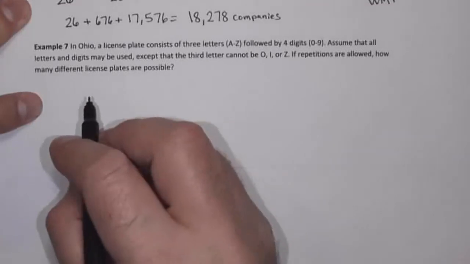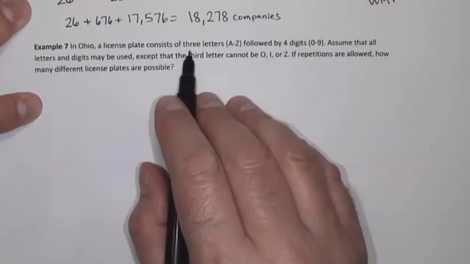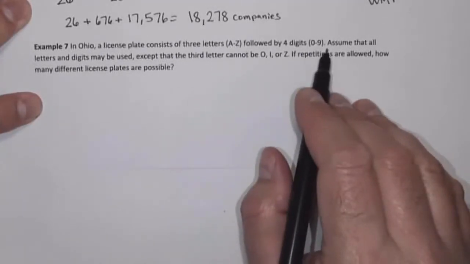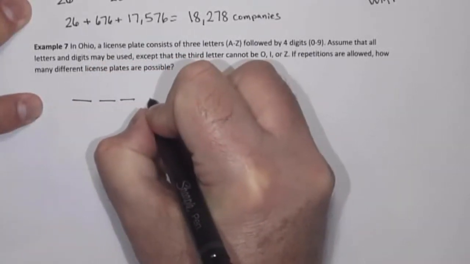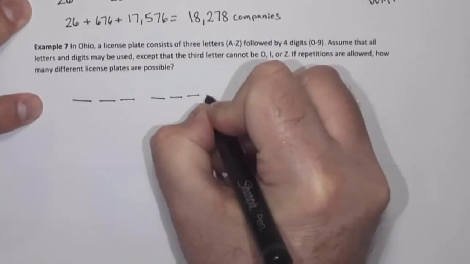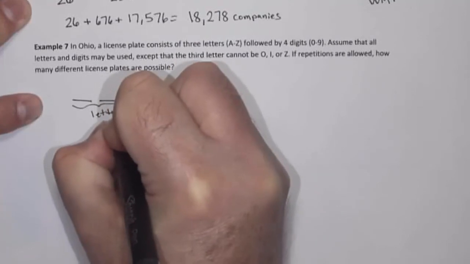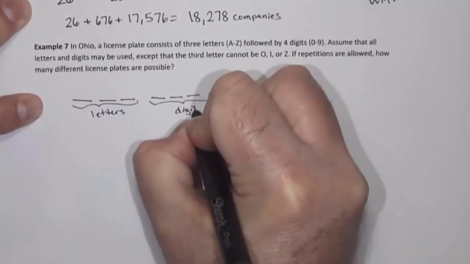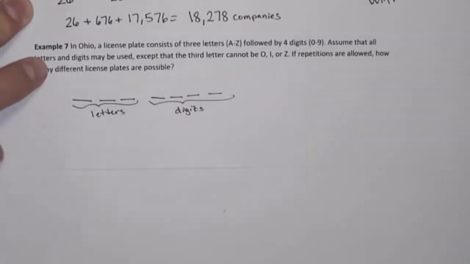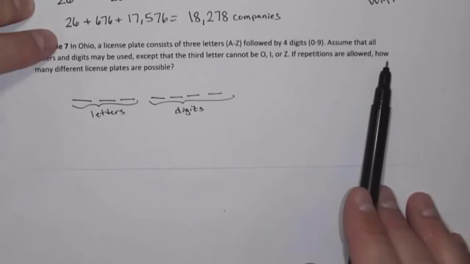So in Ohio, we have license plate numbers, so to speak. So it again consists of 3 letters followed by 4 digits. So we have 3 letters and then 4 digits. So here's letters and here's digits. Digits meaning numbers. So again, repetitions allowed.